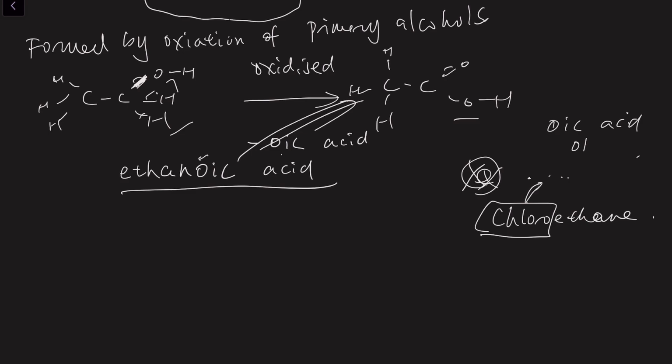So everything with low priority is attached to the front. And anything with high priority, like ethanoic acid, is attached to the end of this naming. So that's another way you can tell which functional group has high priority and which ones have low priority.